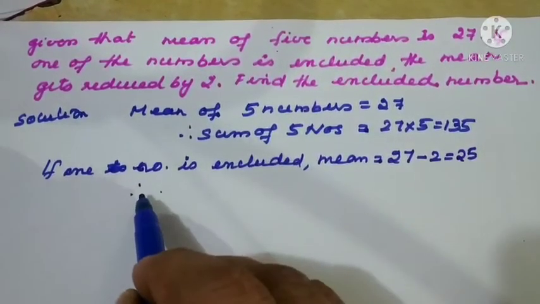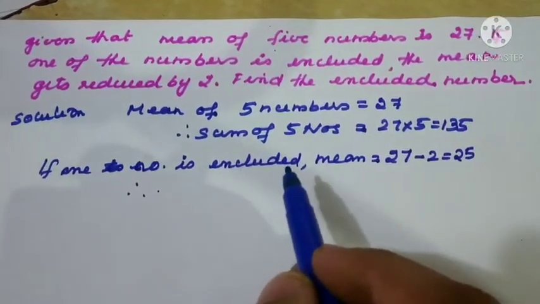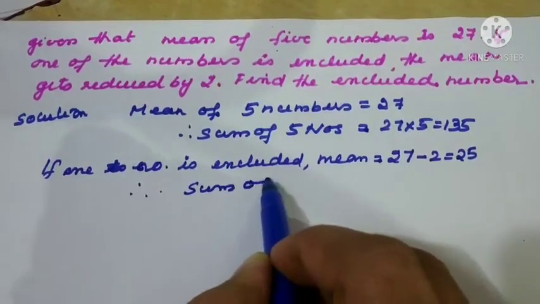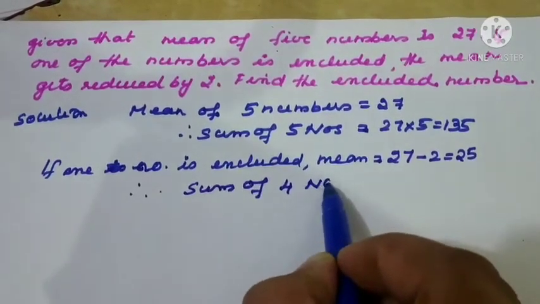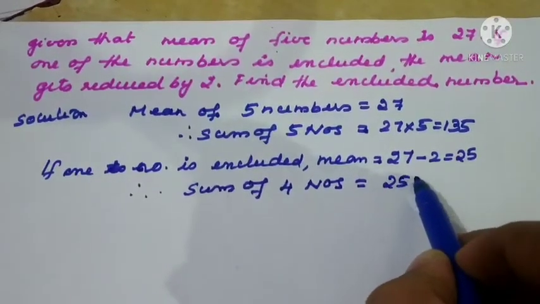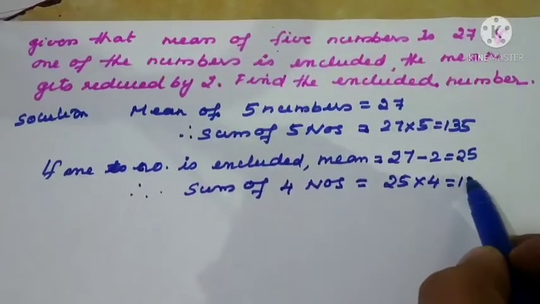One number is excluded means how many numbers are remaining? 4. So sum of 4 numbers equal to 25 into 4 equal to 100.